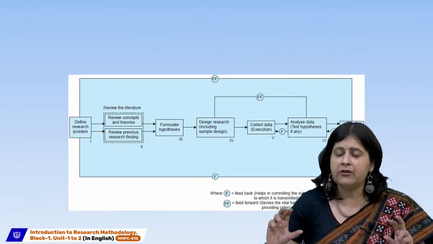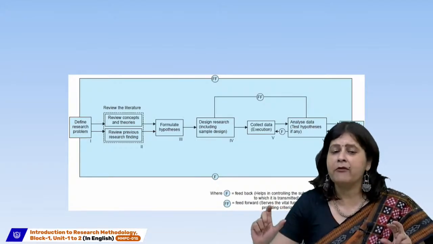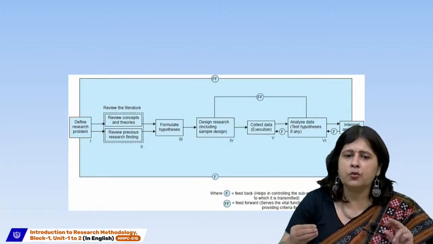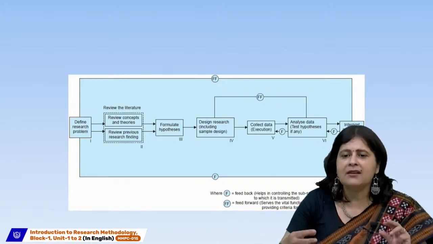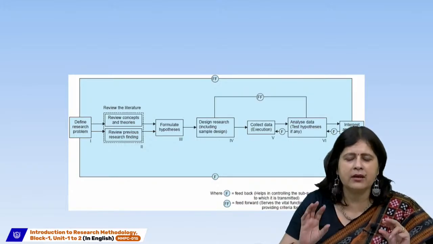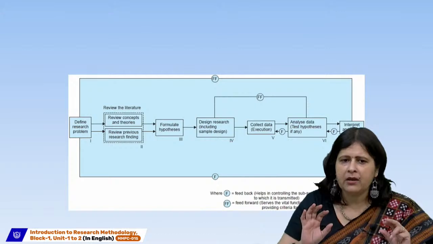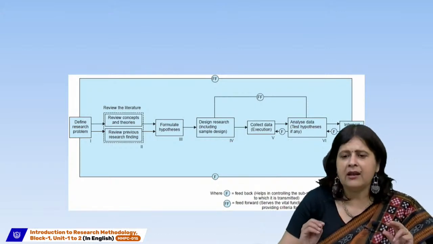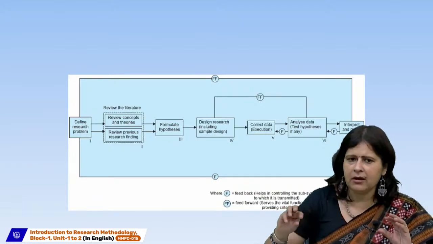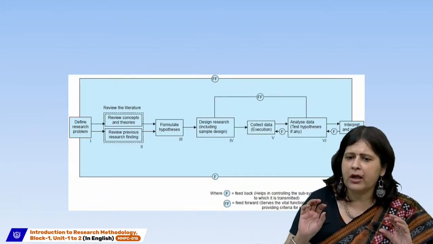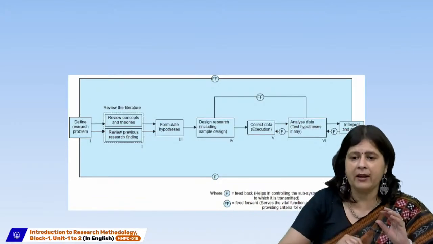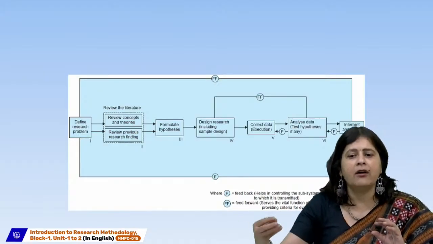In research methodology, the next step is review of literature, right. It is important to go through the concepts and theories related to that topic. In the review of literature, you go through the theories and concepts related to that question or topic, and review the papers or research findings relevant to that topic.